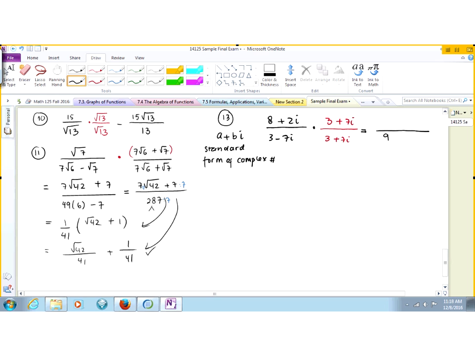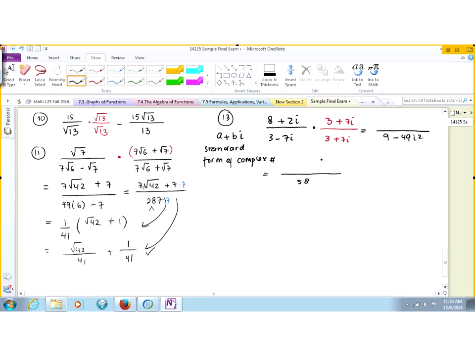And then the second one, negative 7i times 7i. Minus or plus? Plus or minus? Why is it plus? Oh, I see. So 9 minus 49i squared, isn't it? Yeah. So this is equal to 58.